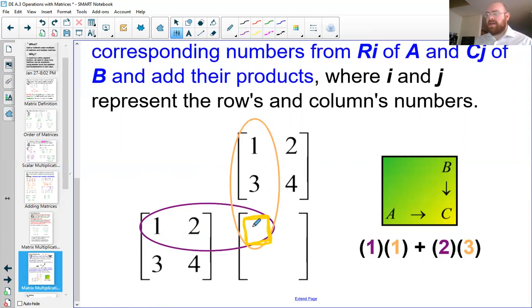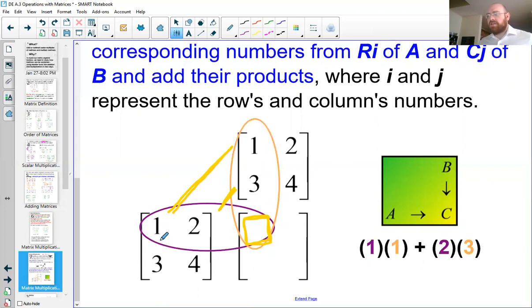When we line up our matrices with A to the left, B on top, if we want the first entry of the first row and the first column, we would multiply our two numbers, 1 and 1, furthest on the outside, with our two numbers, 2 and 3, closer to the inside.